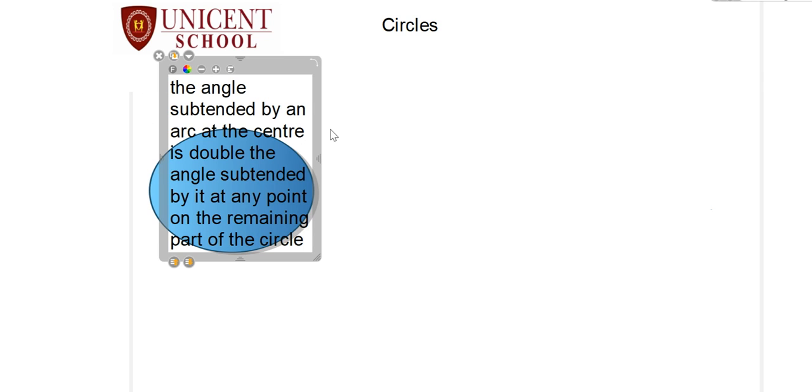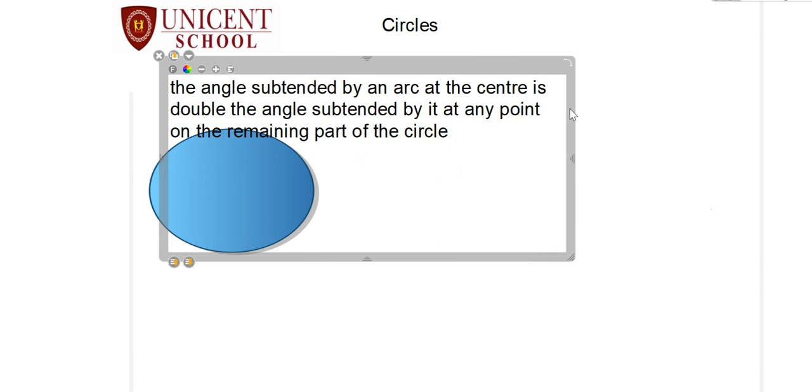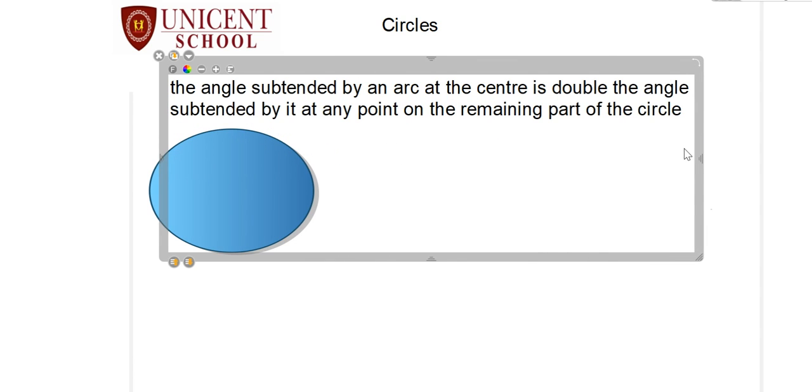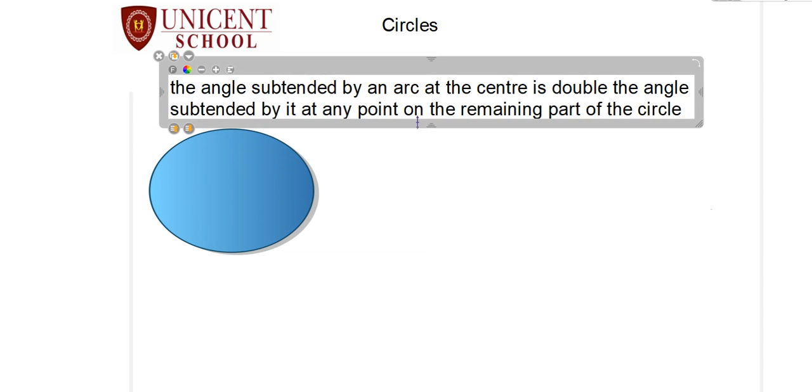So this is our theorem statement. For this, let us do some construction in the circle which helps us to proceed with the proof.